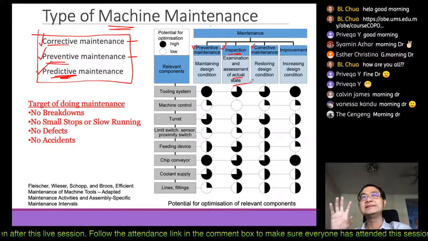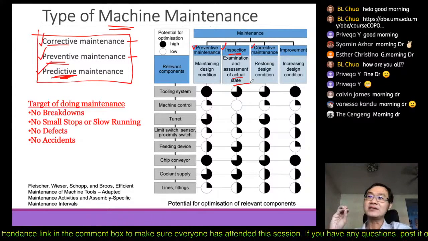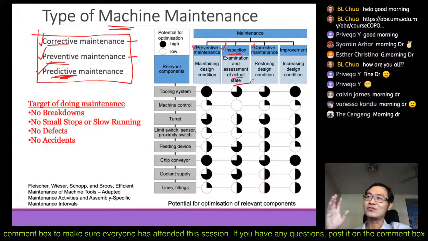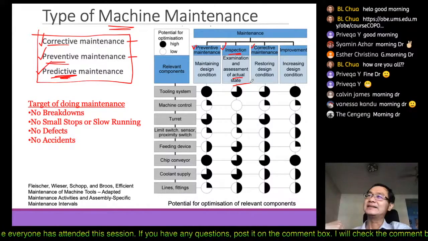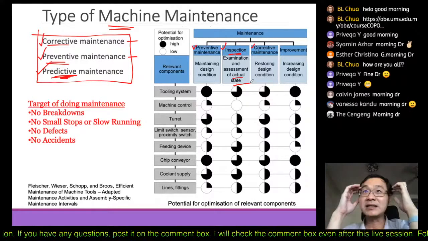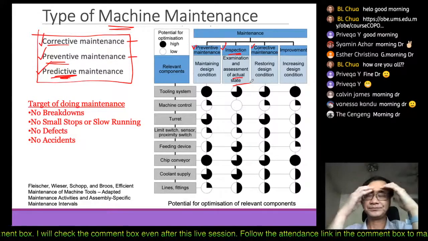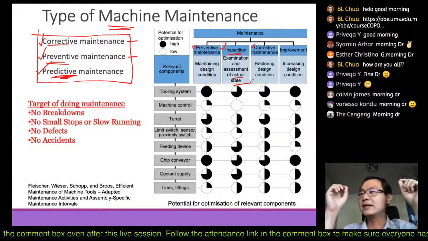But for components that are difficult to reach, for example your boiler, inside the boiler you have a lot of components.